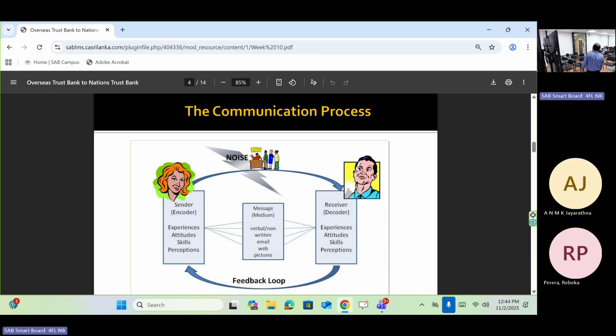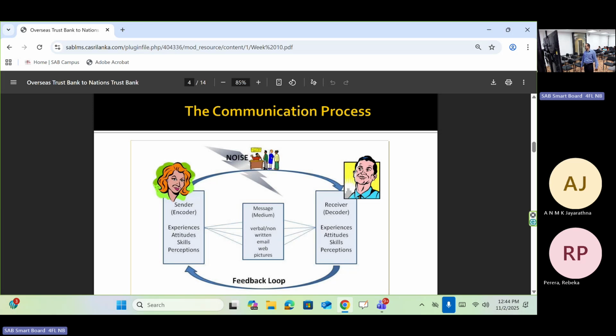Right, but though there are different barriers, we can improve the effectiveness with communication strategies. Commonly used communication strategies are, as I mentioned, better to use different channels to communicate. Then another one, having the feedback. Likewise, there are different communication strategies. Those are the mostly used communication strategies.